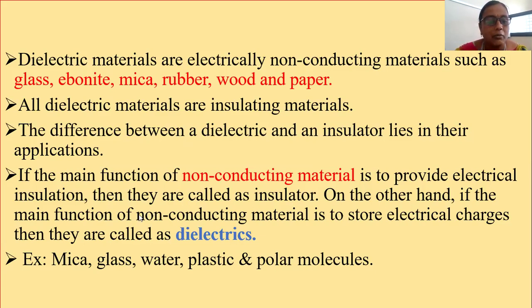On the other hand, if the main function of a non-conducting material is to store electrical charges, that means we can store electrical charges in dielectric materials, and so they are called dielectrics. For example, mica, glass, water, plastic, and polar molecules.